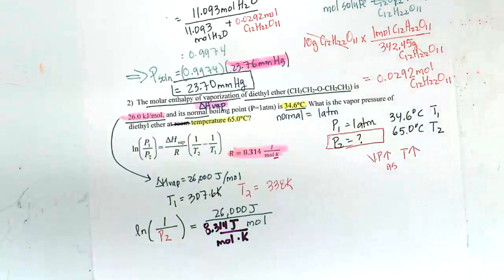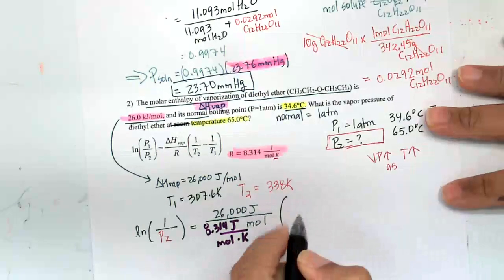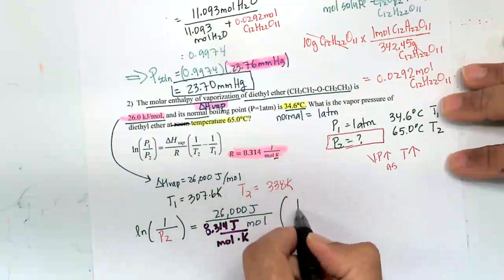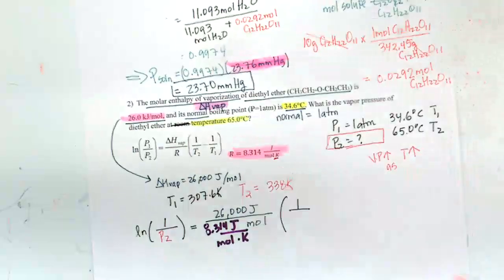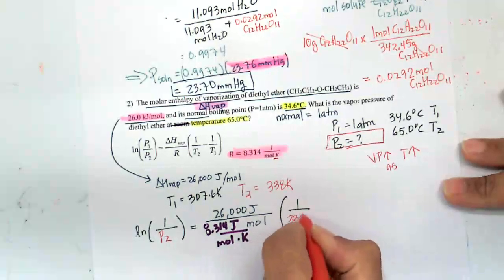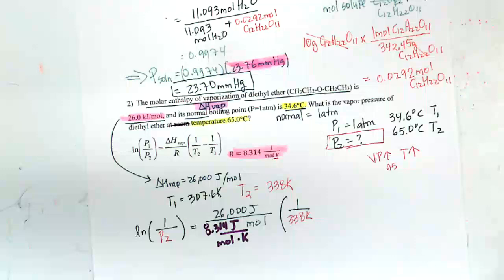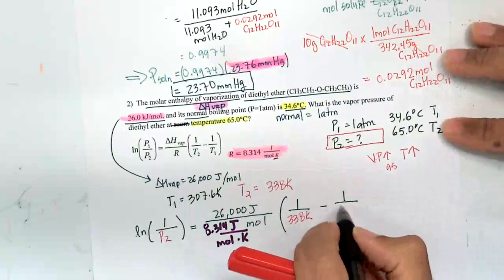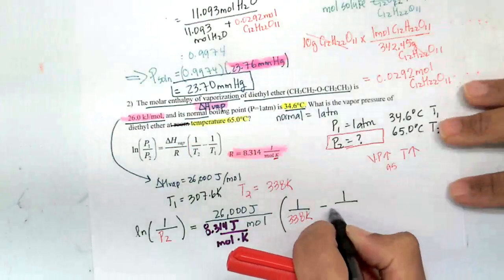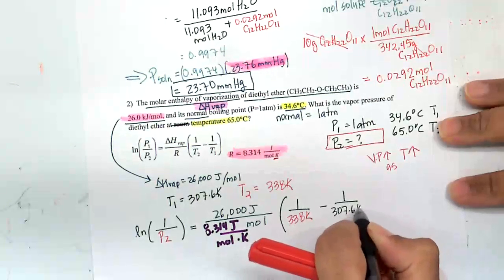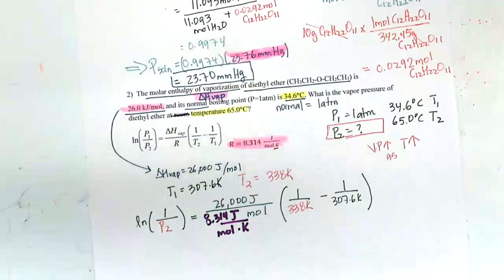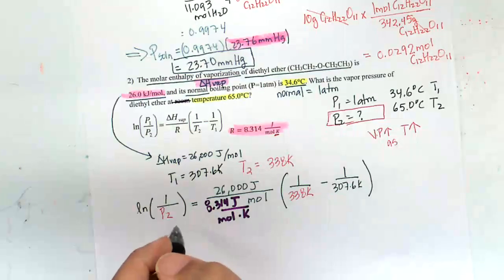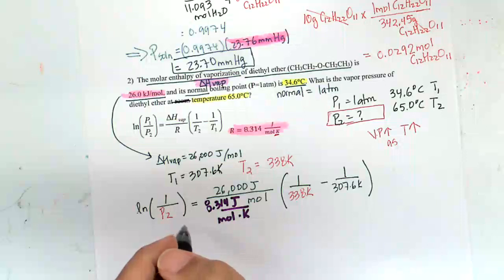I'll give you that on the test, so you don't have to remember. Times 1 over T2, which is 1 over 338 Kelvin. Okay, minus 1 over T1, which is 307.6 Kelvin. Okay, we don't put units inside the natural log.